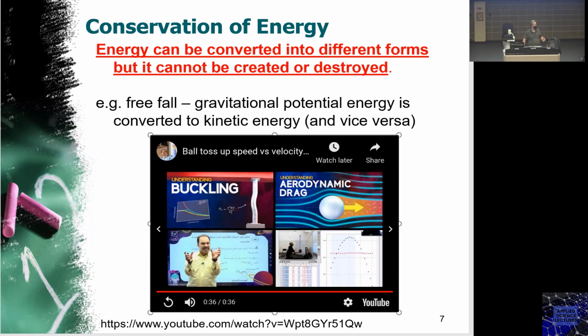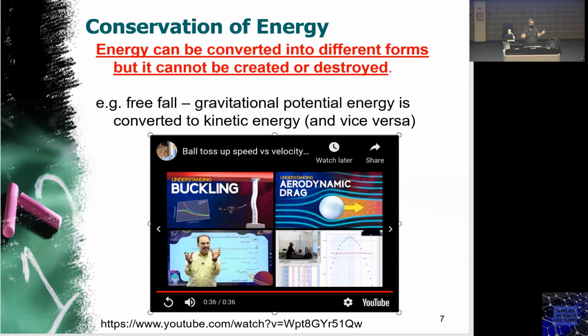But what happened is that the ball was going up, slowing in speed, until it reaches a point where it has 0 kinetic energy, only potential energy. And then it flips and goes down. Now the gravitational potential energy starts to decrease, and the kinetic energy starts to increase.